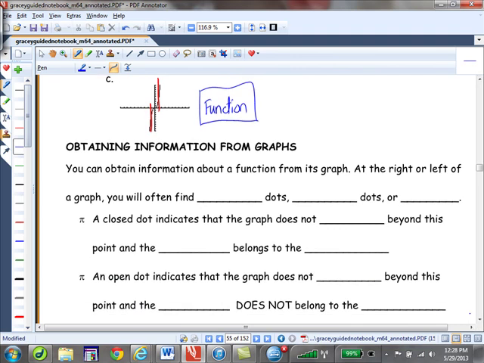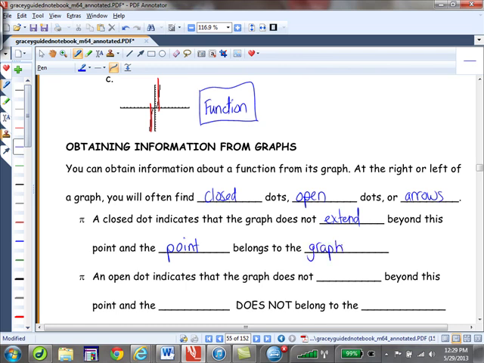Obtaining information from graphs. You can obtain information about a function from its graph. At the right or left of a graph, you will often find closed dots, open dots, or arrows. A closed dot indicates that the graph does not extend beyond this point, and since the dot is closed, the point belongs to the graph. It's included.